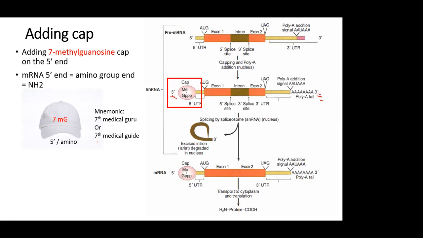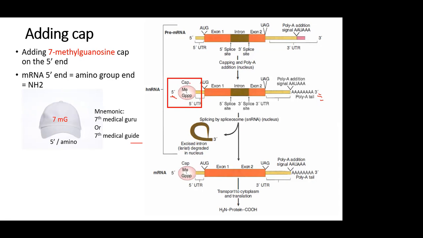I can call it the 7th medical guru, whatever you want to call it. If you have a better mnemonic, you can use that. This is just my way of remembering some of these things. So a 7 mg cap is going to be put on the 5 prime end, or the amino group end. So the first process is the cap.